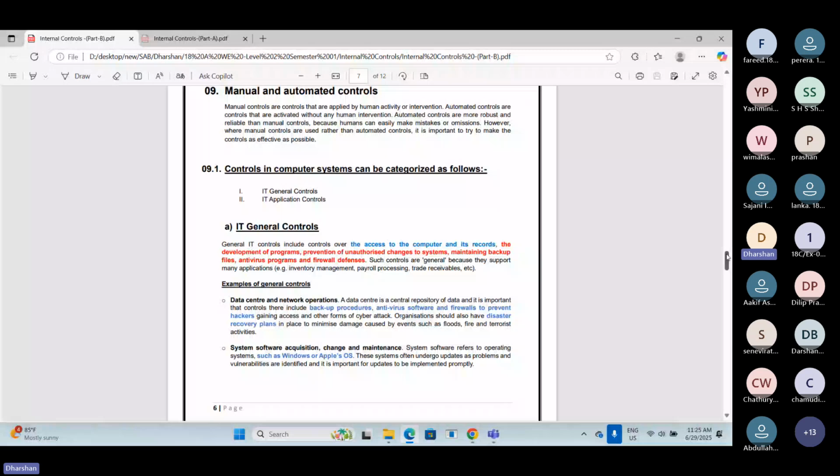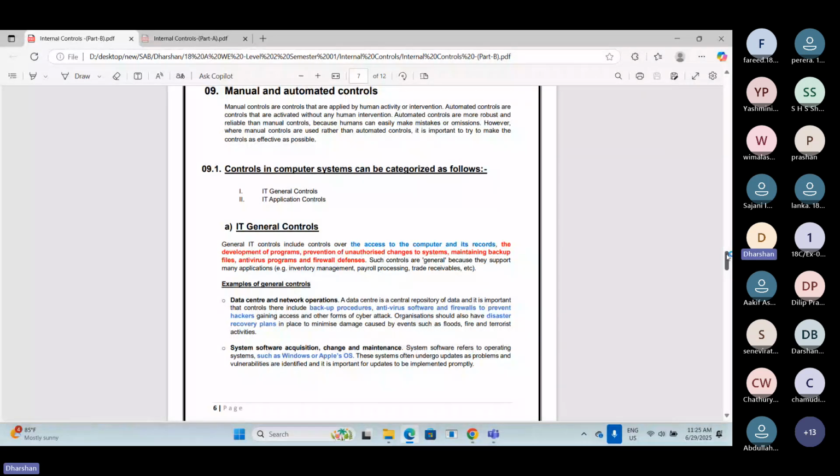If you put a separate password and username for the bank, that will work only for the bank. So those controls are called application controls. Your phone unlock pattern is considered a general control. Keep that in your mind.